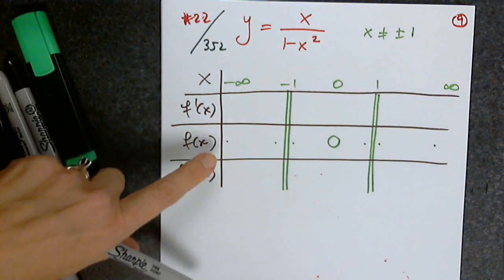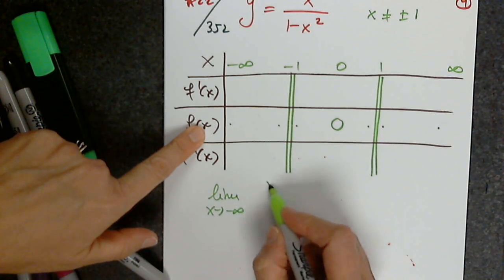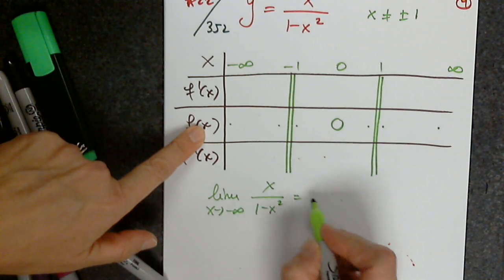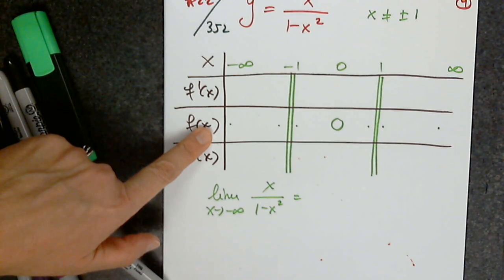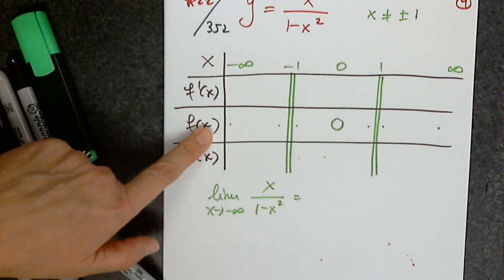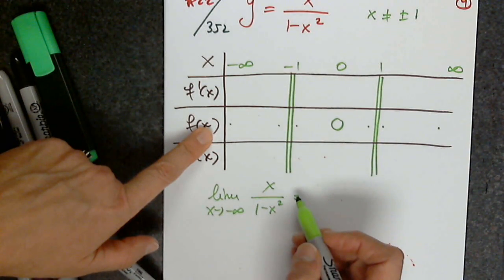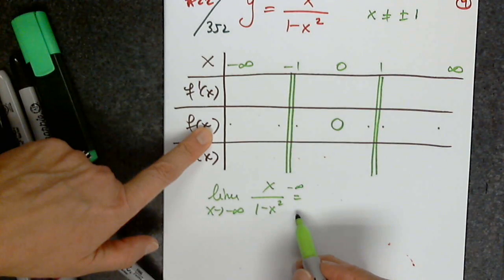So, limit as x approaches negative infinity of x over 1 minus x squared is what? Where does the top go? Where does the bottom go?